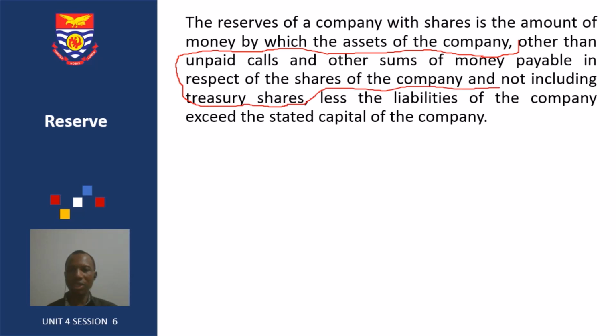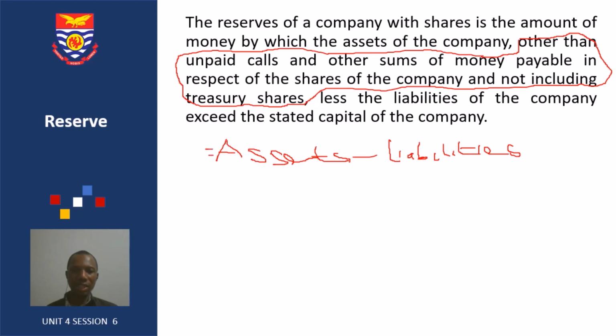Basically, section 70 of Act 992 is saying that, to get your reserve, we need your assets less the liabilities of the company. What you get is the net assets.